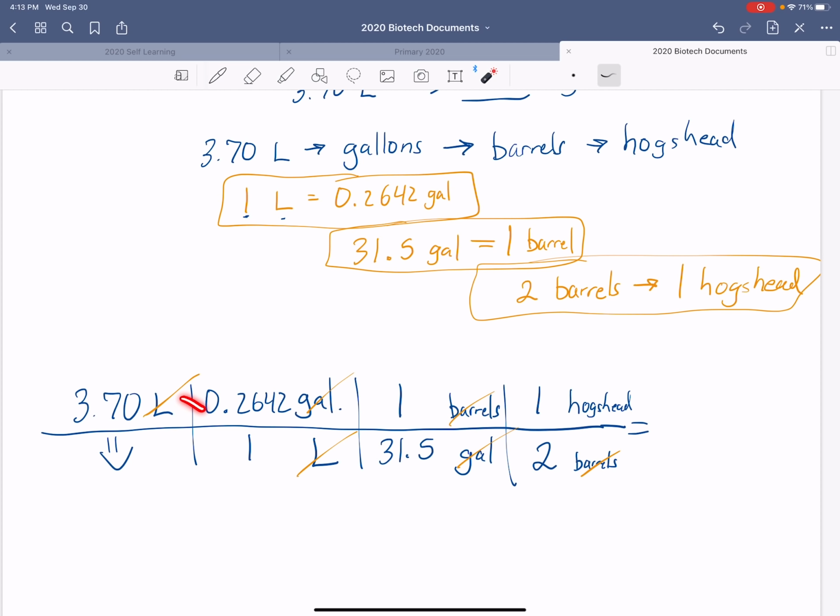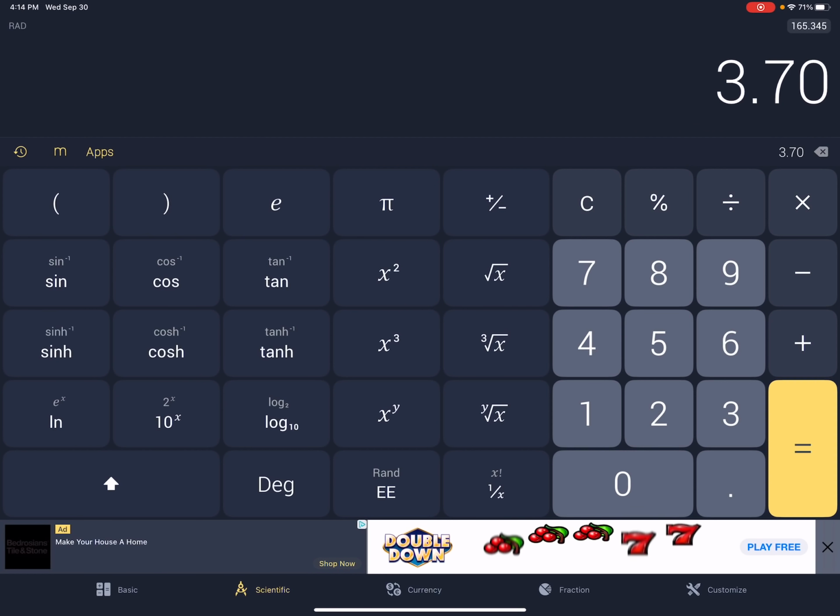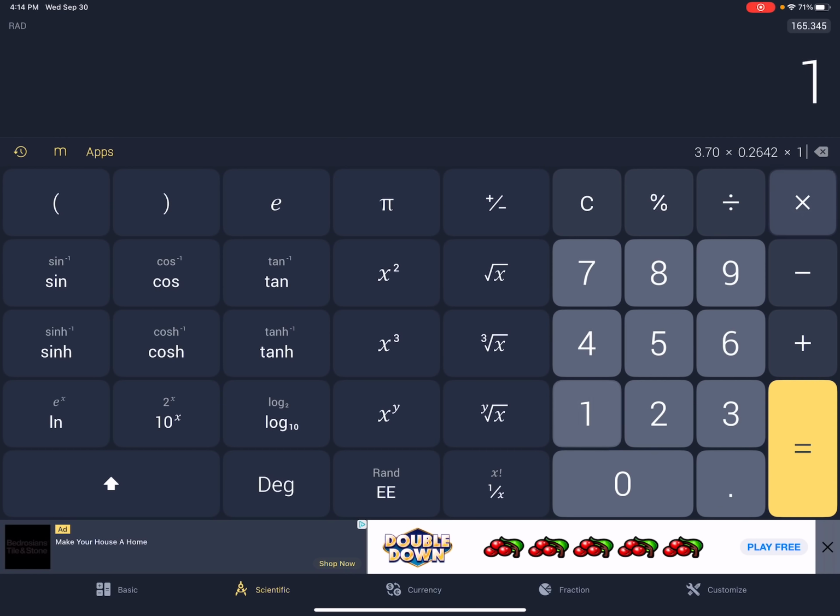This example differs from our last one. We're going to multiply all the numbers on top, and then I need to divide by the numbers down below here. So I almost need to treat these down here as if they're in parentheses and multiply them. And then this number down here, we're going to divide by. Step 1, we're going to take 3.70 times 0.2642 times 1 times 1.